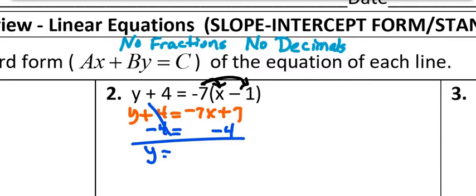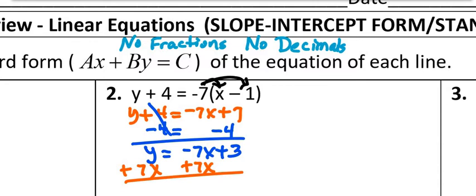This will cancel out, and I have y equals negative 7x plus 3. Now I still have to get my x and y on the same side, so I'm going to say plus 7x, plus 7x. This will cancel out, and I have 7x plus y equals 3. This right here is my final answer.